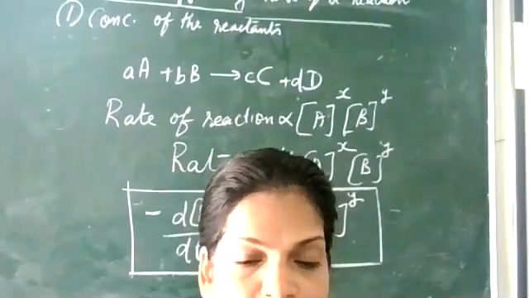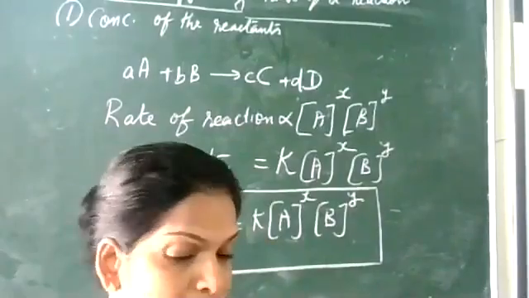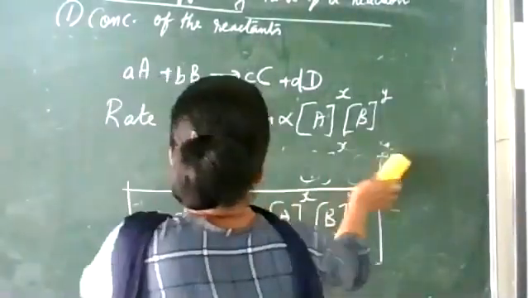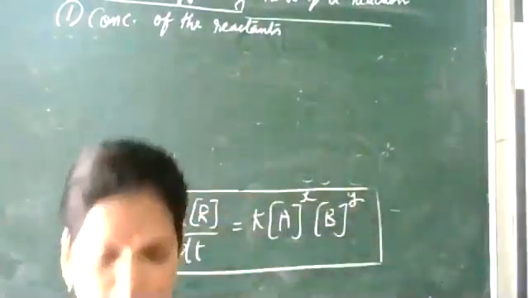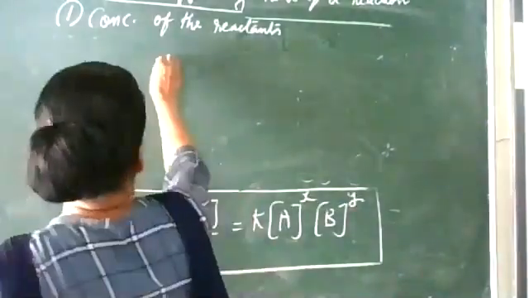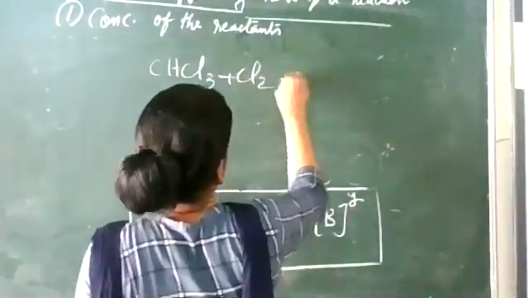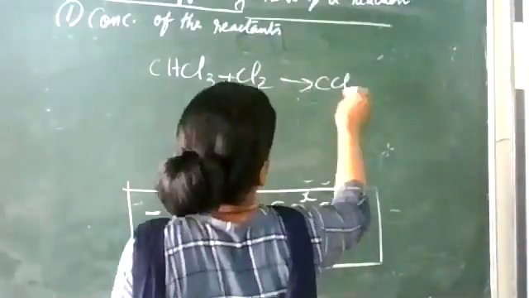For example, take one reaction: CHCl3 chloroform plus Cl2 gives CCl4 plus HCl.